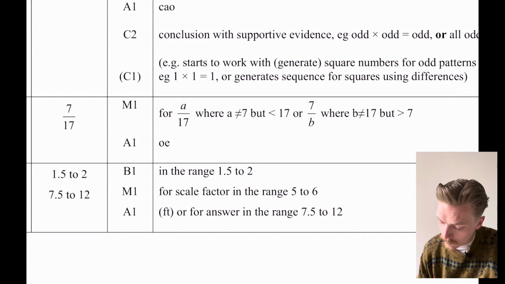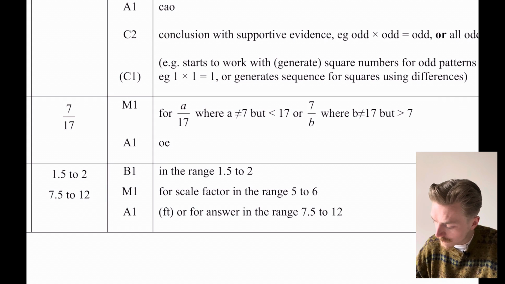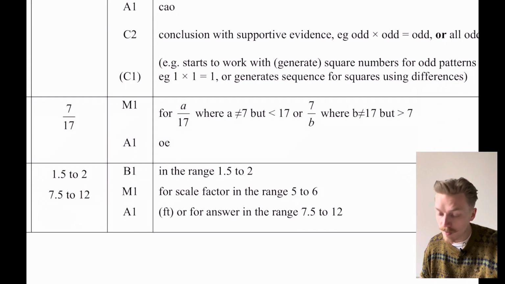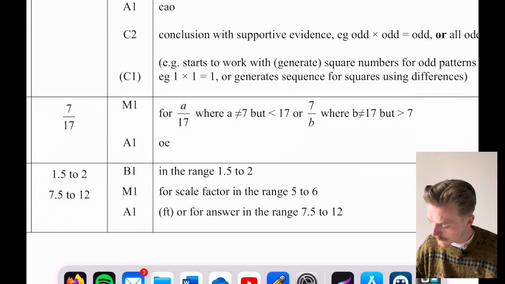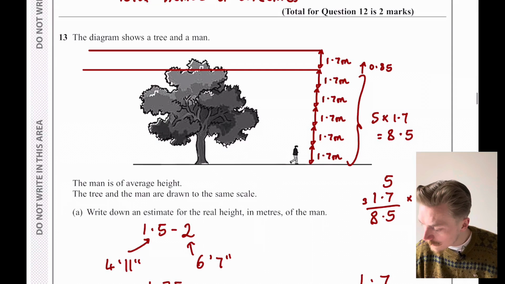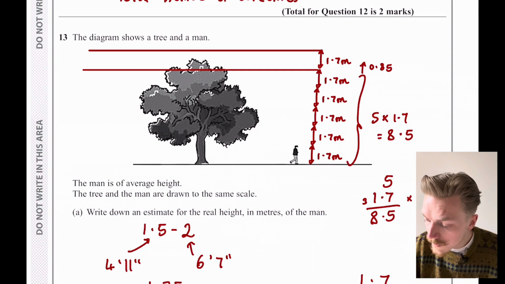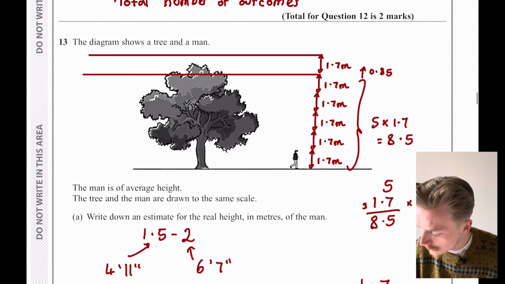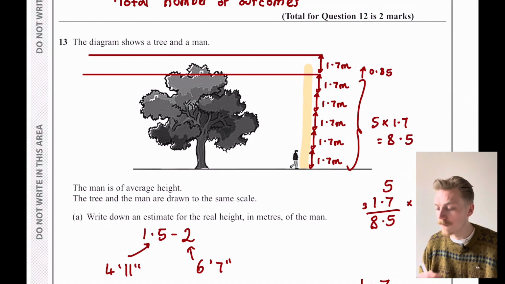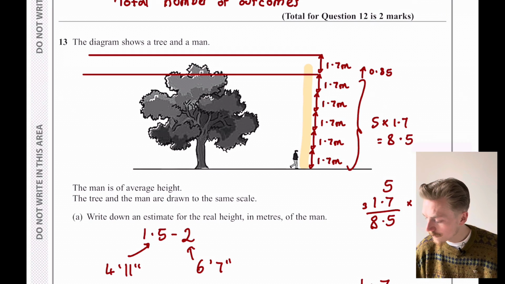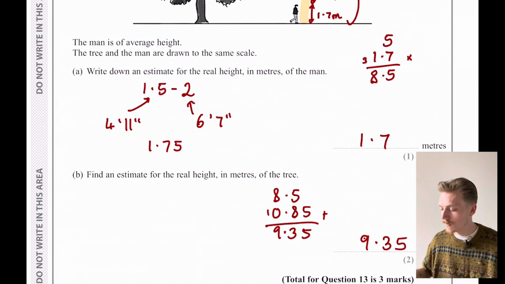And then for the second one, we want either an answer in the range of 7.5 to 12, or whatever we put for the first bit times by somewhere in between 5 and 6. So if we look at what we did, we times it by somewhere in between 5 and 6, didn't we? Because I times it by actually 5.5, because I went 5.5 times up. So I took my answer 1.7 and times it by 5.5.